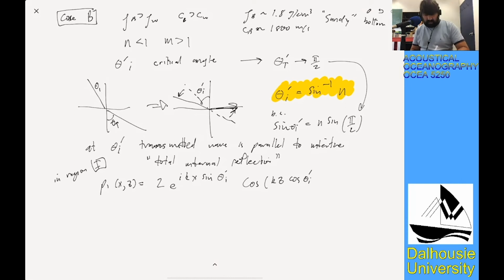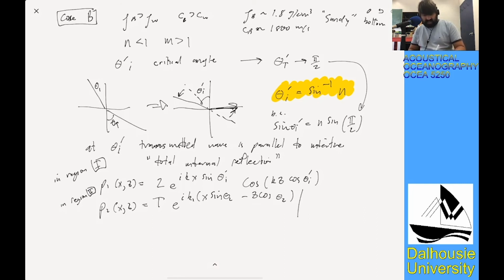And in the bottom, P2 in region 2, being sloppy here, P2 of x, z is equal to t e to the i k2 x sine theta 2 minus z cos theta 2.